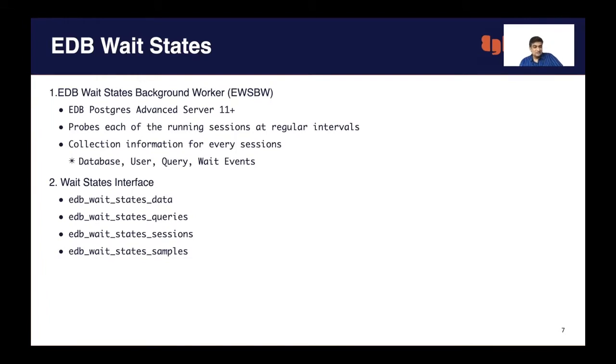To purge the data, there is one more API available, that is edb_wait_states_purge, which allows you to purge the data from a certain period of time. That is also possible. If you have too much data, you might want to run the purge manually.